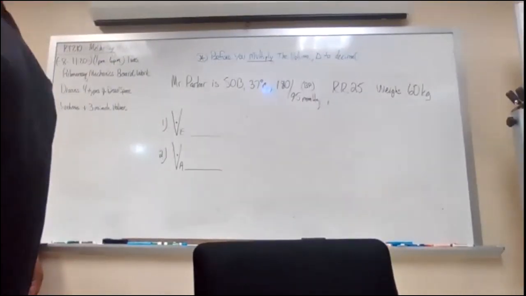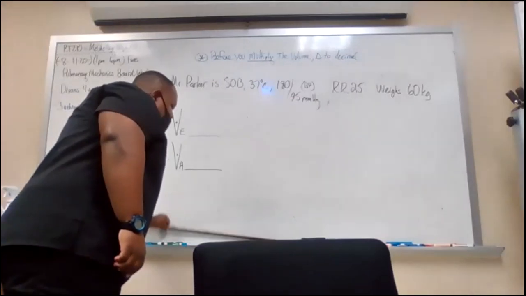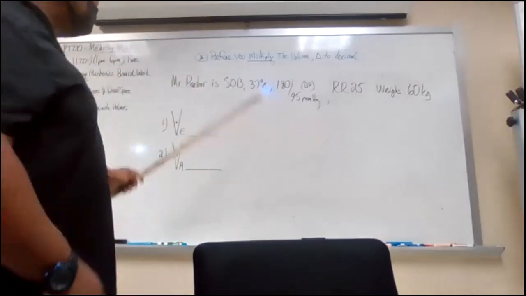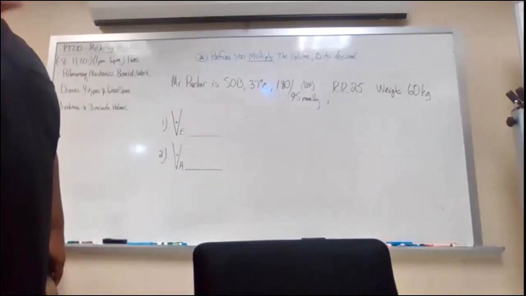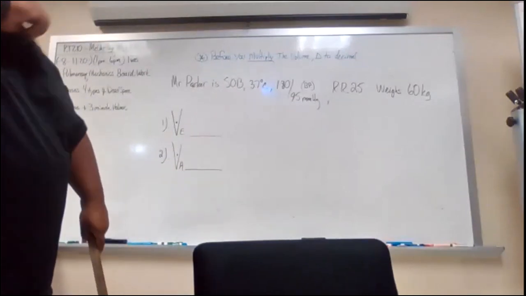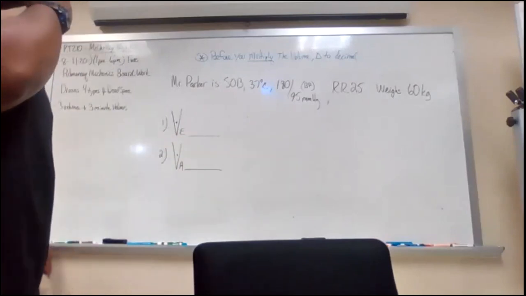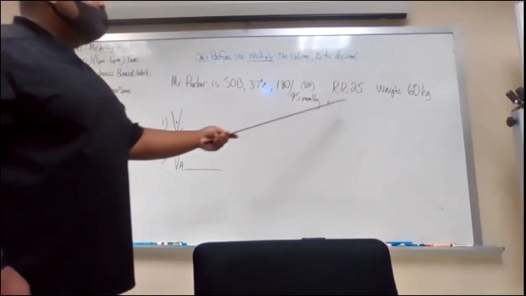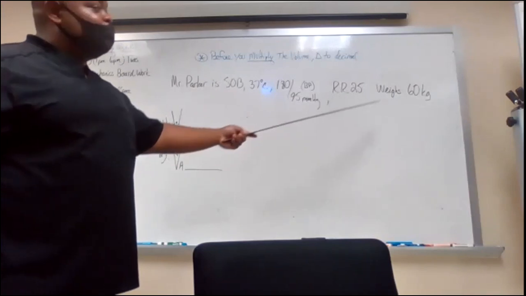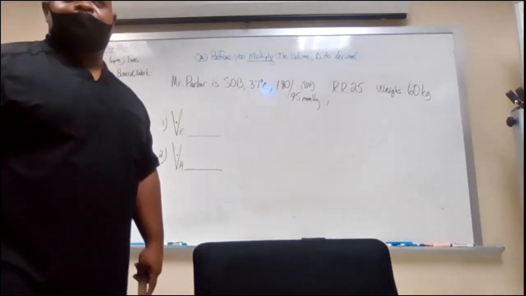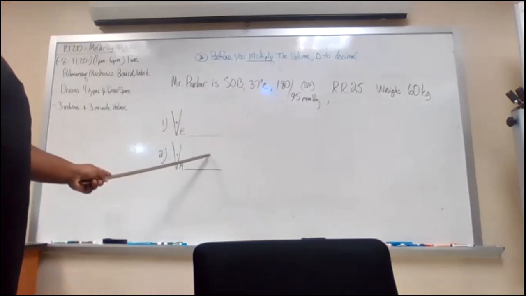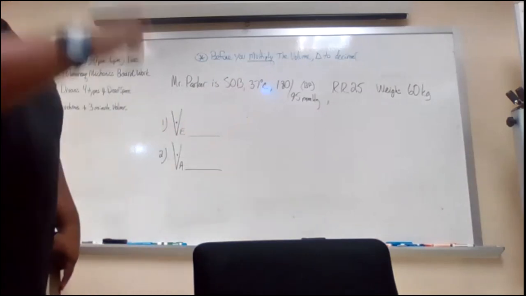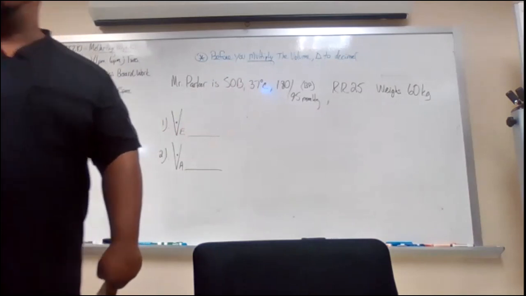Mr. Parker, he came in the ED. He presented to the ED very short of breath. He has a 37 degrees Celsius temperature. He's hypertensive at 180/95 millimeters of mercury. His respiratory rate is 25 and he weighs 60 kilograms. What is his minute ventilation? What is his alveolar minute ventilation? Those are the formulas there.